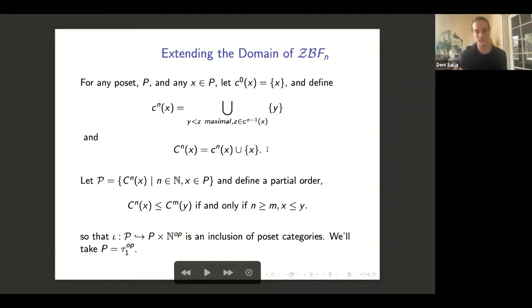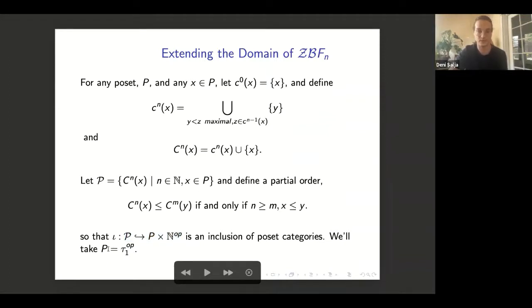Because if you do this process from two different points, you can get the same thing. But you want to know where you started from. Then the collection of all of these big Cn's for each natural number n and for each point in the poset P is a partially ordered set. And it's ordered pretty much exactly how P times n op is ordered. That is, there's an inclusion from the set of all those to P times n op.